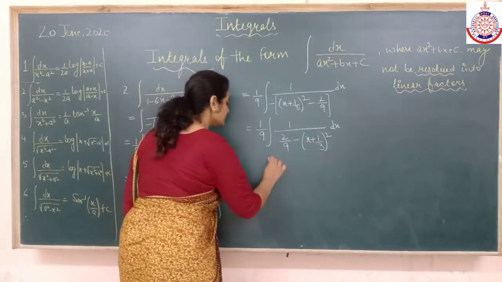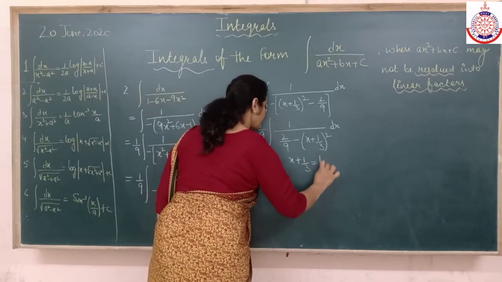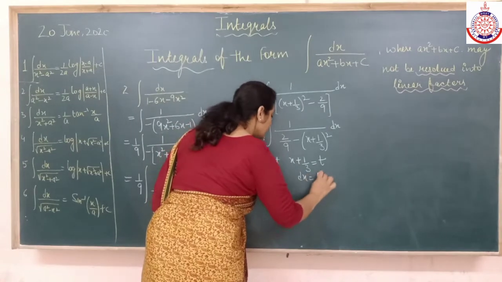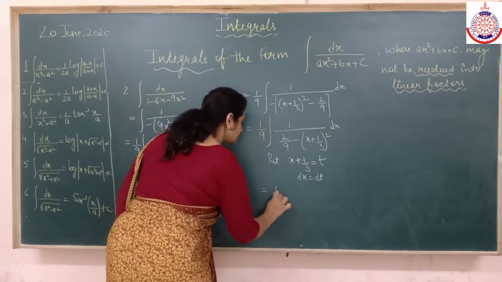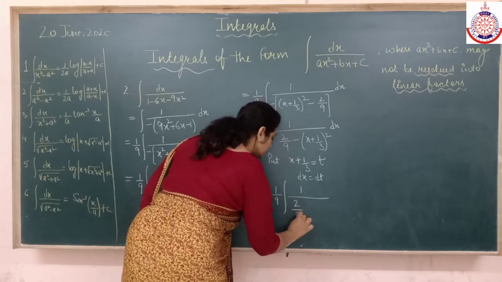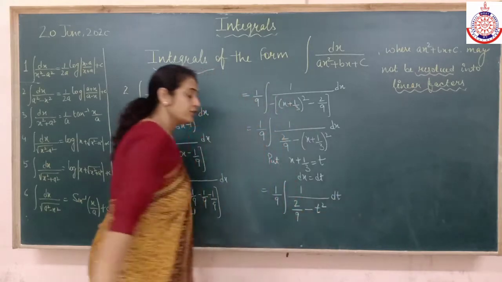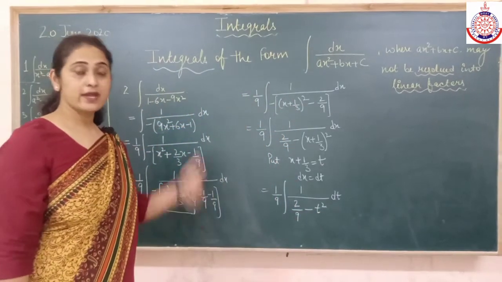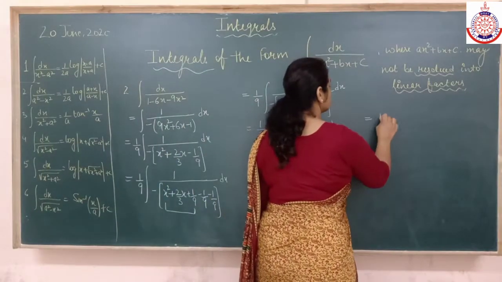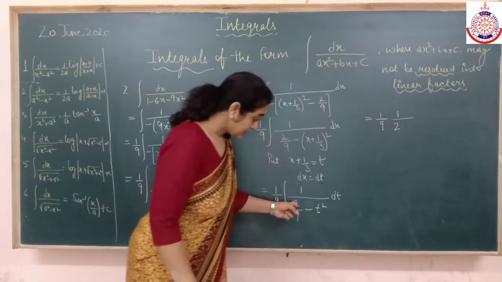So I'll put, fine. Dx is equals to dt. Which form? 1 upon a square minus x square. The second one. So apply the formula. 1 by 2a. What will be a? This is a square.